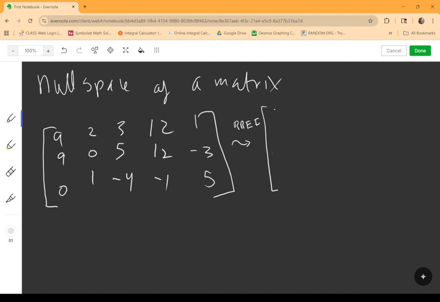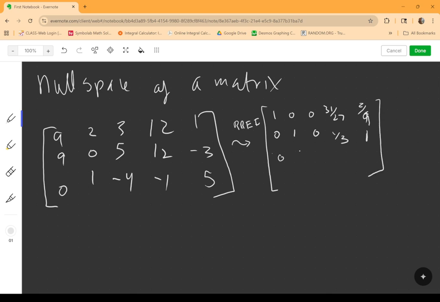We have 1, 0, 0, 31 over 27, 2/9. And here we have 0, 1, 0, 1/3, and negative 1.